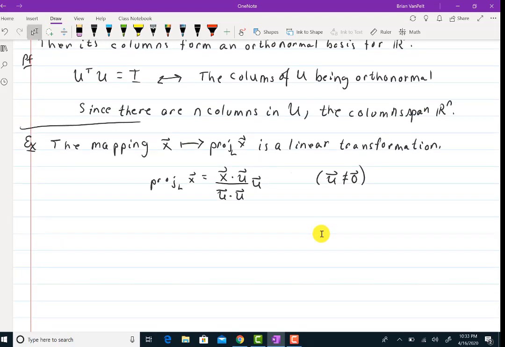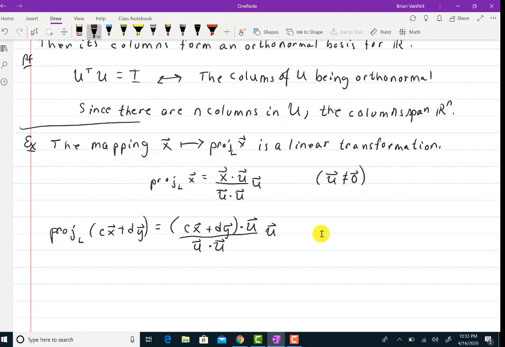So now let's take a look at the projection onto L of cx plus dy. Put those into the spot where you see an x above, so we have cx plus dy dot u all over u dot u times u.